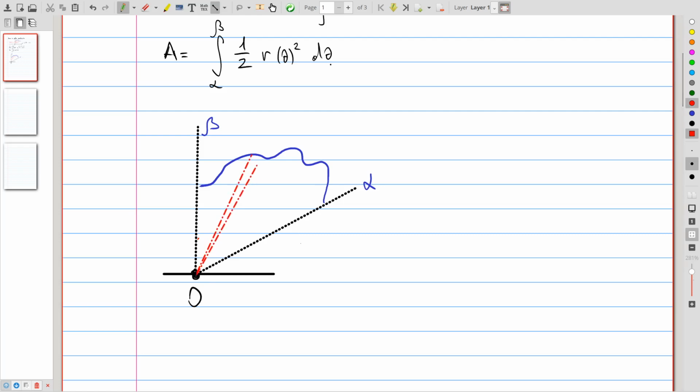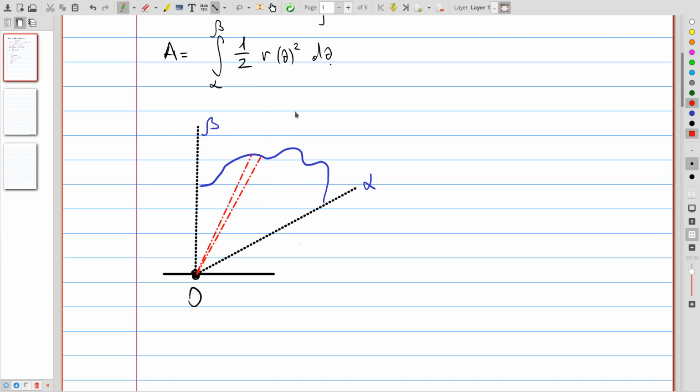We have a large number of these very thin, very long triangles. So we're basically splitting our area under the curve into a large number of these. And now the question is, how do we approximate the area of this triangle?